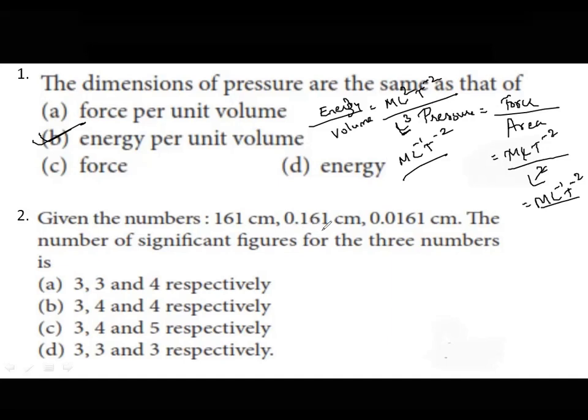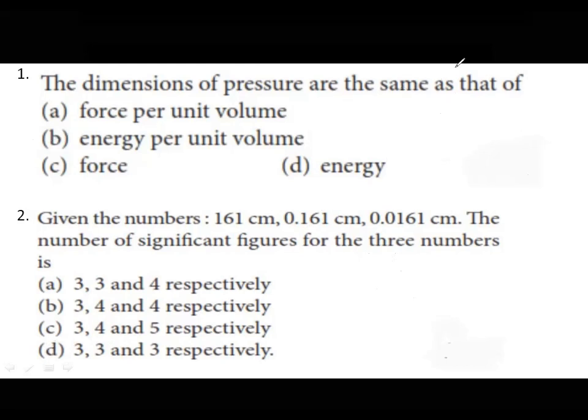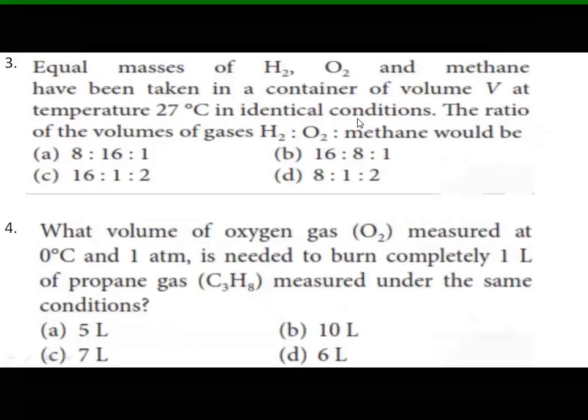Therefore, 161 has 3 significant figures. 0.161 has 3. 0.0161, how many significant figures? Only these three are significant. So option D is the correct option. You should remember all those rules, what the rules say. Then moving to the next question.